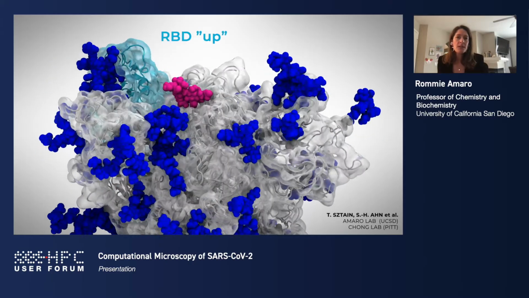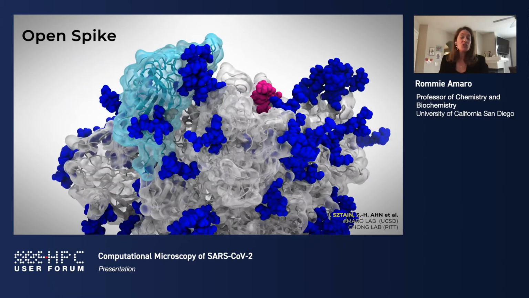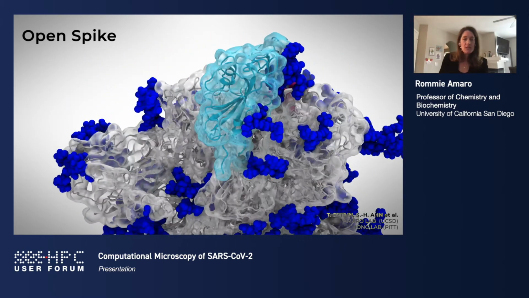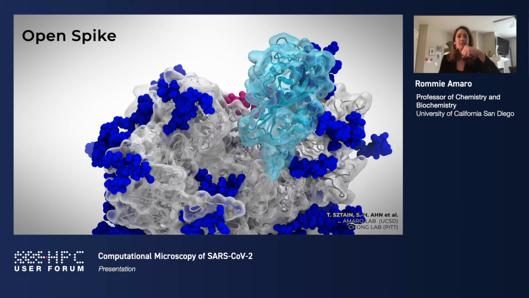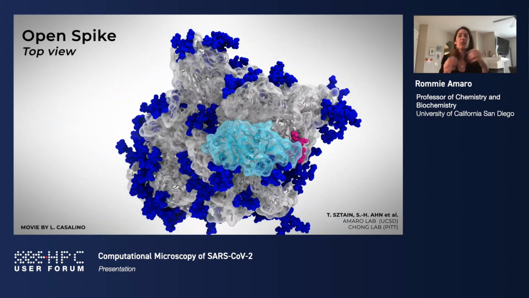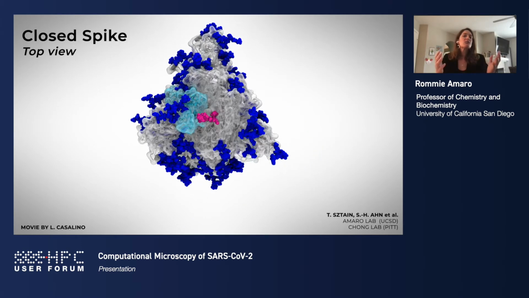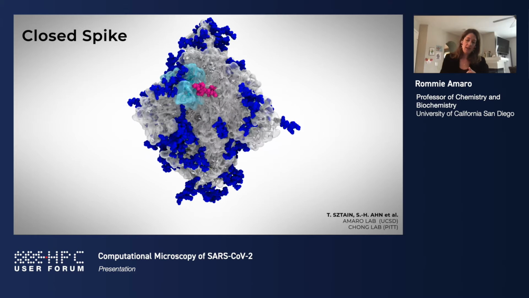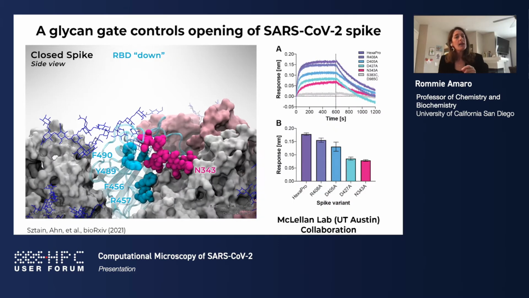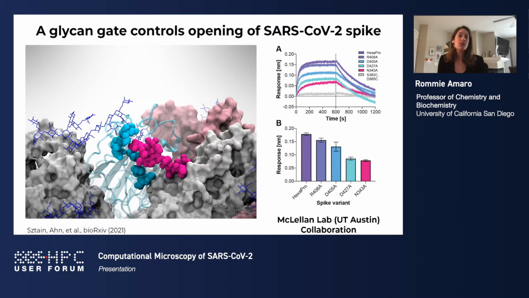And there was one glycan in particular that I'm showing in hot pink that jumped out. One thing that was really interesting about this was that in the first set of studies, when we weren't looking at the opening pathway, but were just studying these two endpoints, it doesn't look like this residue is doing anything interesting. But when we actually look at the opening pathway, we see a completely different story.